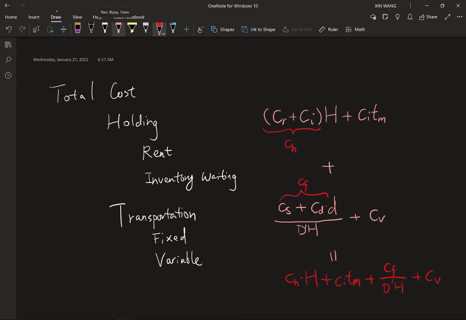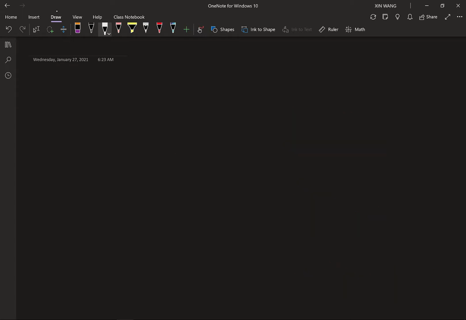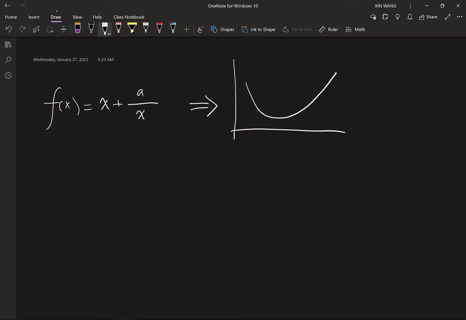So note that headway is our decision variable. Sometimes we call the curve for this type of function typically a U curve.